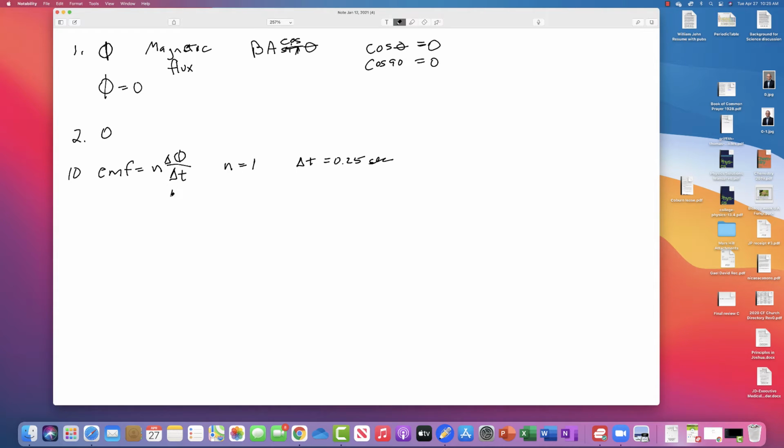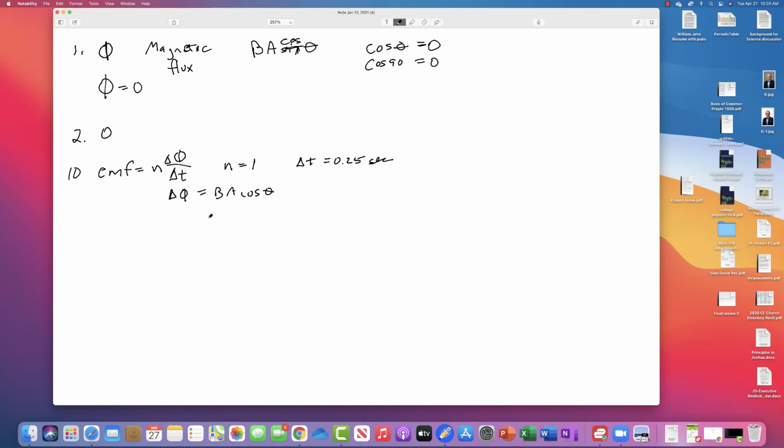So what we have to find is delta psi. Now psi is equal to BA cosine of theta. Theta in this case is 0. Therefore, the cosine is 1.